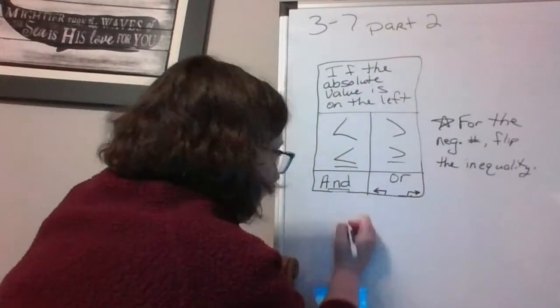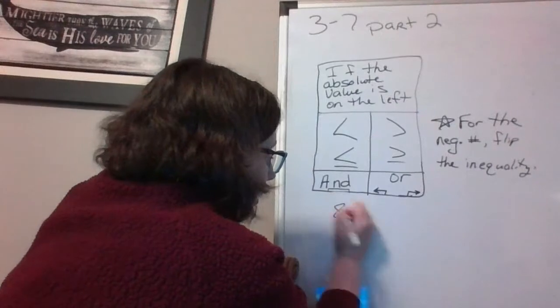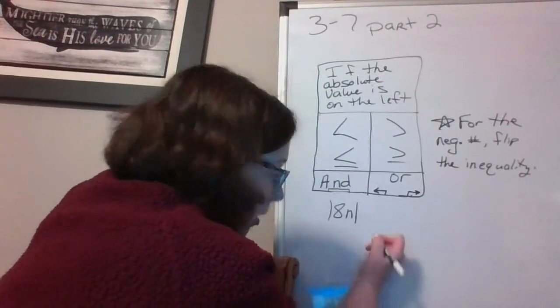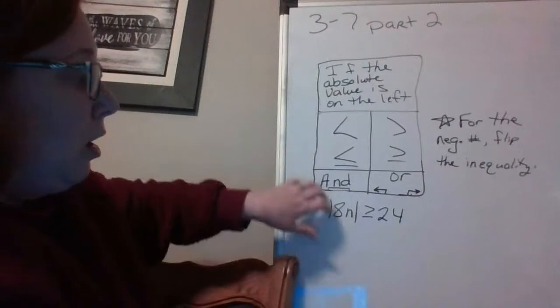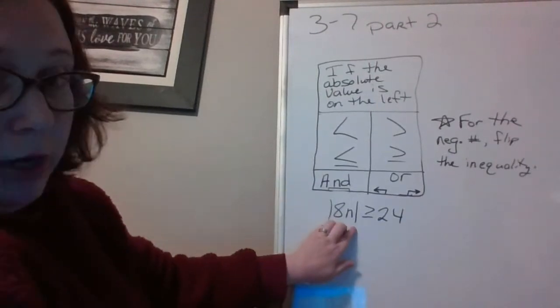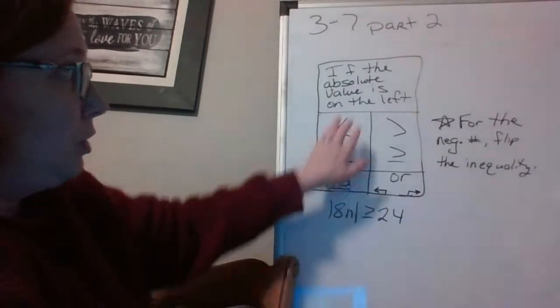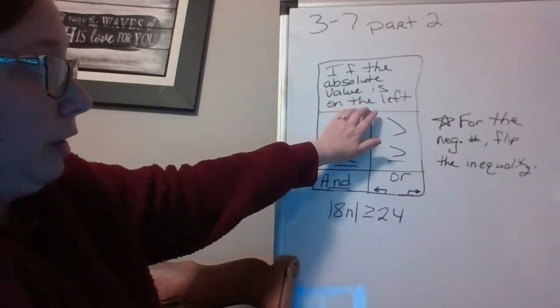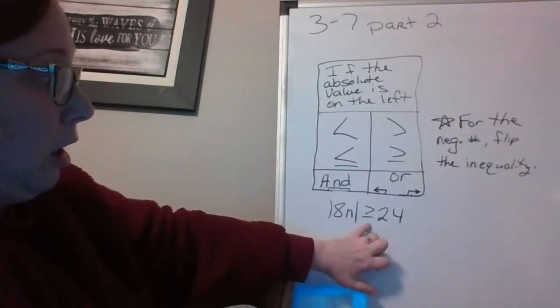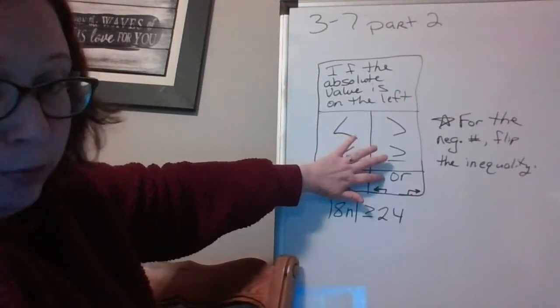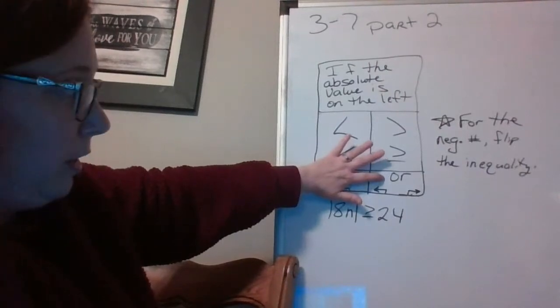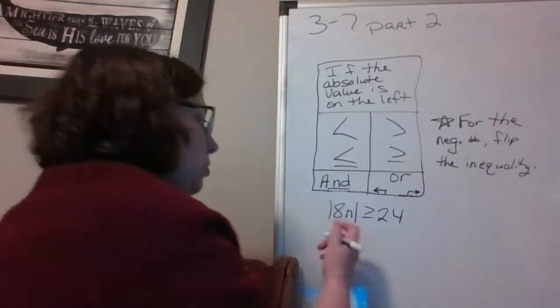If we had the absolute value of 8n greater than or equal to 24, we have our absolute value. It is on the left of our inequality, which is good. We have greater than or equal to, which says that this should be an or when we solve it out. So let's do that.